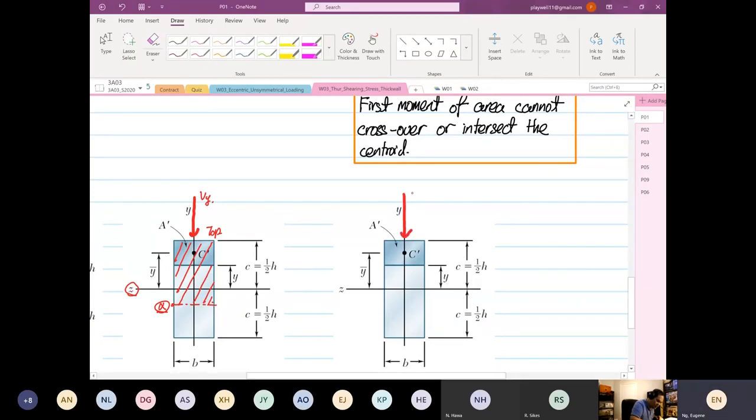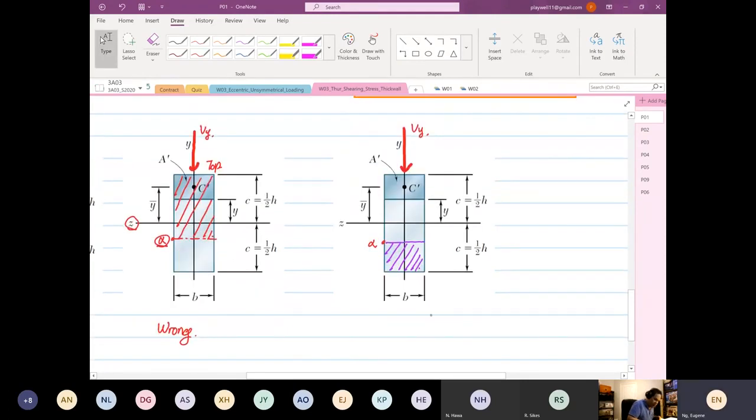So this is Vy. And if the point of interest is alpha, the correct area to analyze is here. This is because of how we calculate the first moment of area. So this is right, and the other one is wrong.